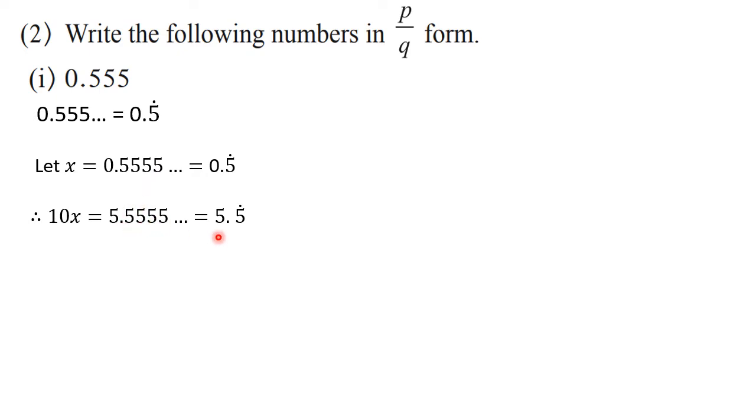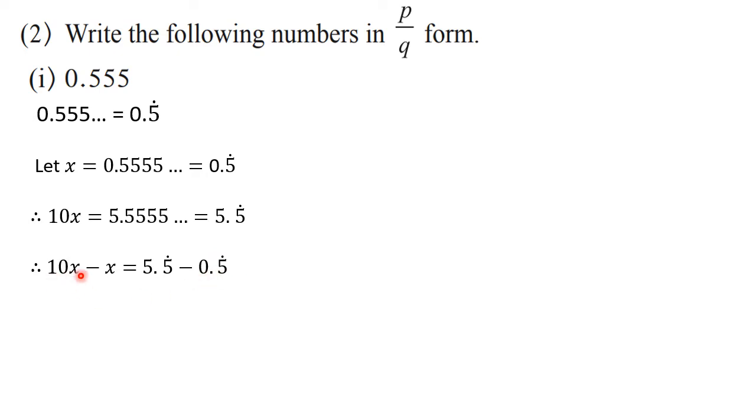In short, we can write it like this, 5.5 recurring. After this, the next step is that we have to subtract x from 10x. So we write 10x minus x on LHS, and on RHS 5.5 recurring minus 0.5 recurring.